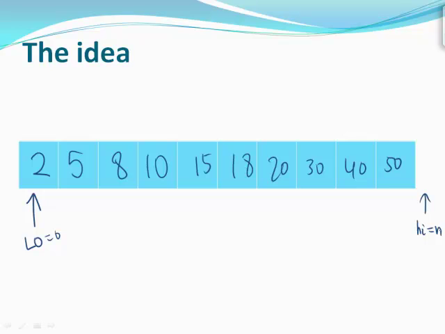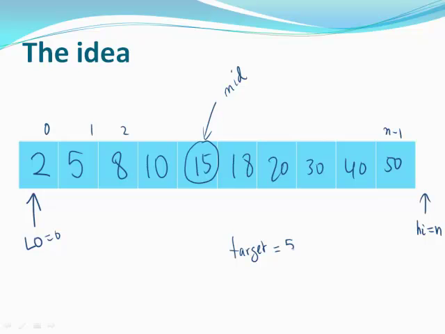By using some formula, we're going to figure out some middle element in the array, and the middle element must fall between 0 and n minus 1. With this middle element, we take a target and compare it.